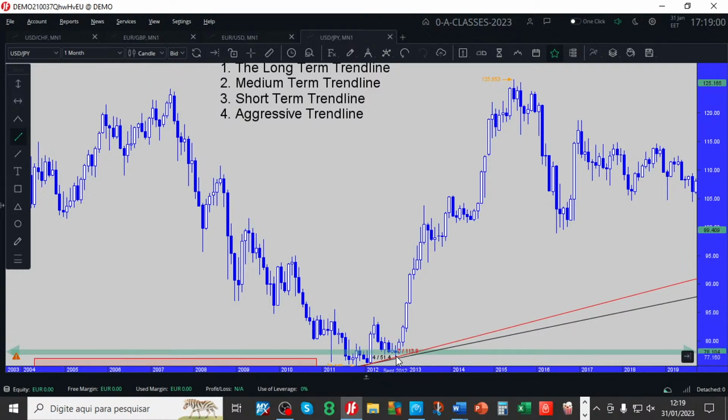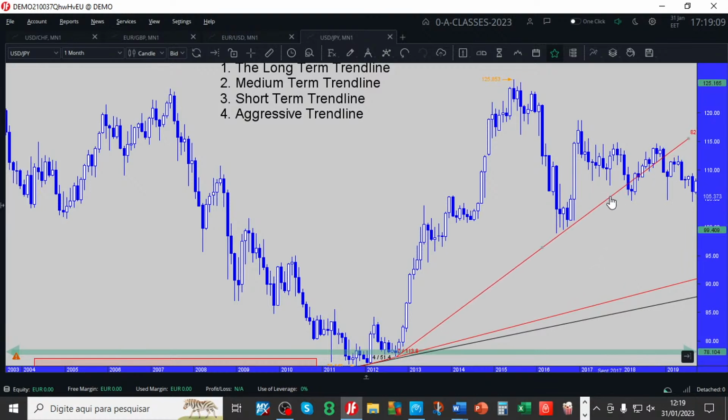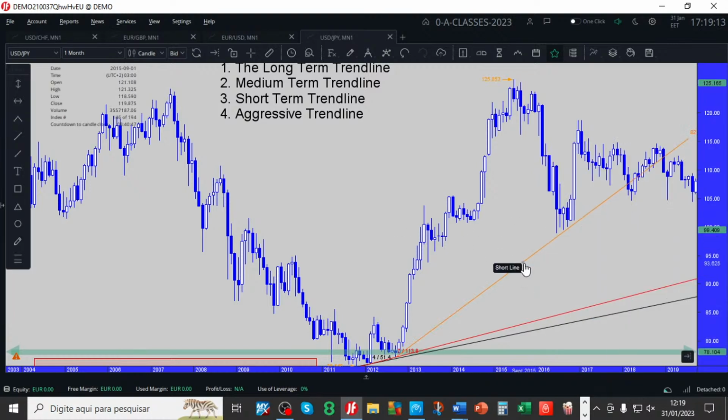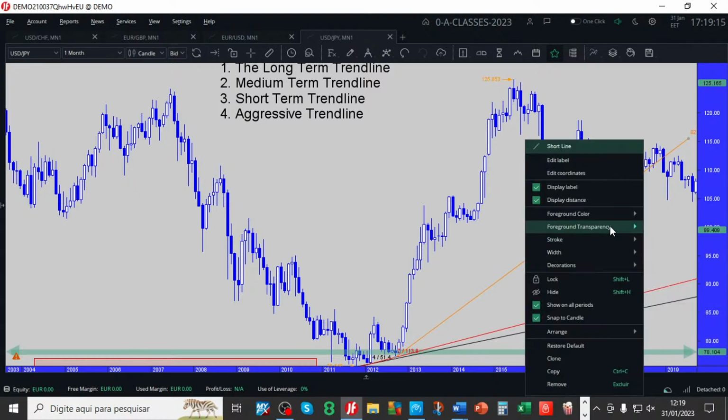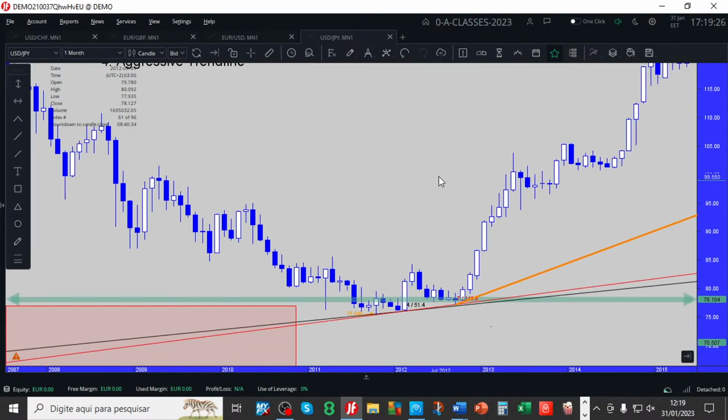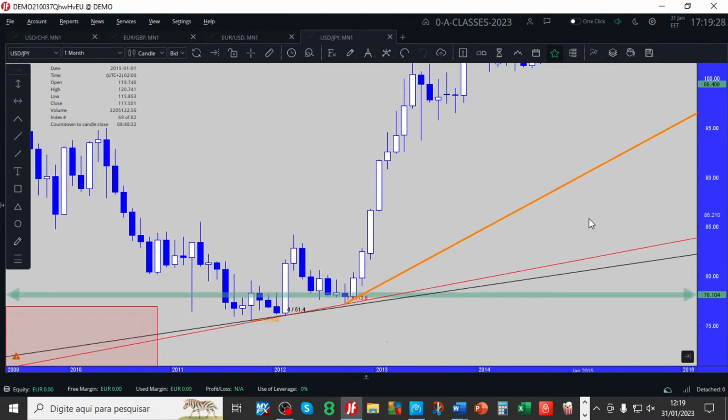Now I'm going to start from this low in here, and I'm going to extend it. Something like this. Let's color code this as orange. Everybody, is my orange line, the short-term trend line, correct?